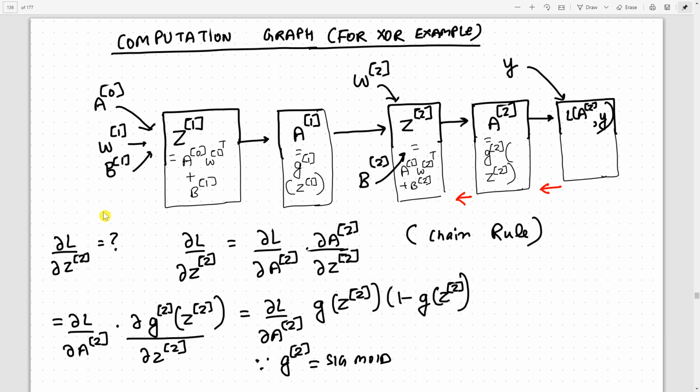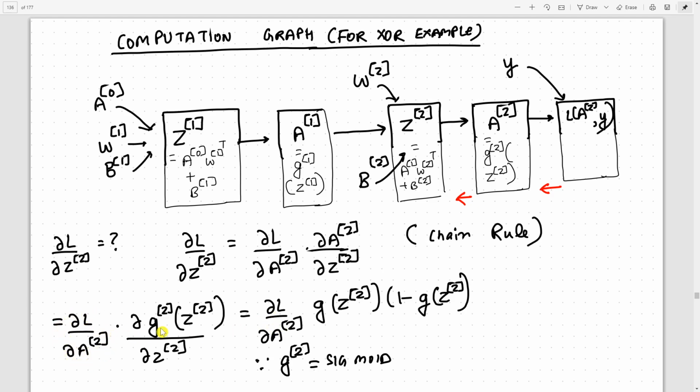To do this, we just expand this out. We already know what A2 is, right? A2 is the G2 function applied over Z2. So we can write this entire term del L by del Z2 as del L by del A2, already computed, times del A2 divided by del Z2, but A2 can be written as G2 of Z2. So del by del Z2 of G2 of Z2, multiplied by del L by del A2, already known.